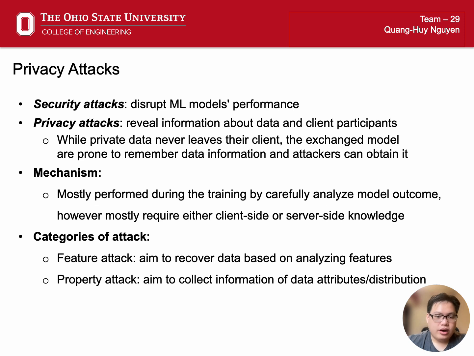They train the model to remember data information, and the attacker can obtain it by carefully analyzing model outcome. However, this mostly requires either client-side or server-side knowledge. And there are two types of attack, including feature attack, which aims to recover data based on analyzing features, and property attack, which aims to collect information about data attributes or distribution.